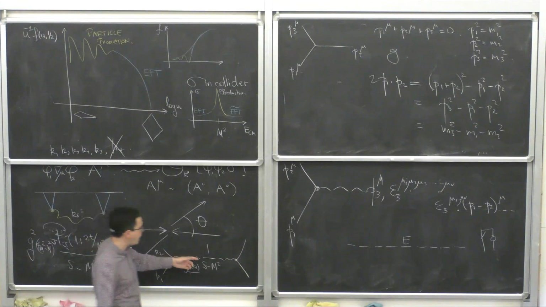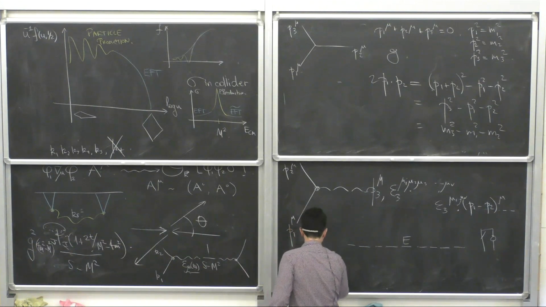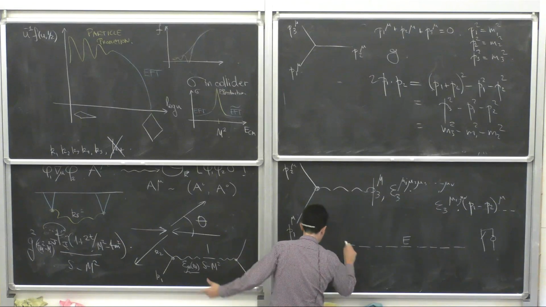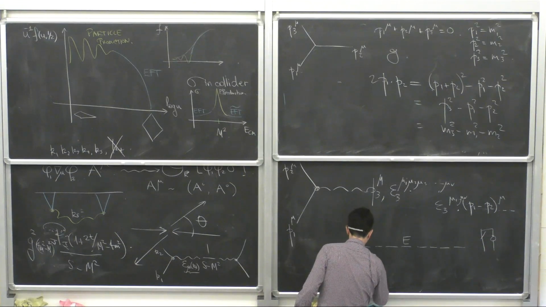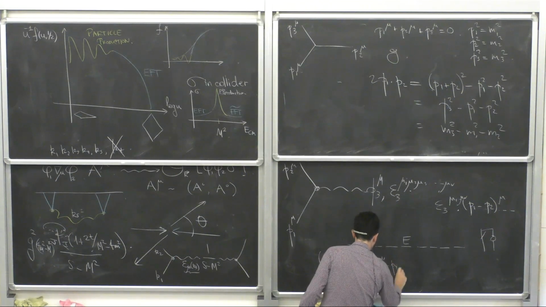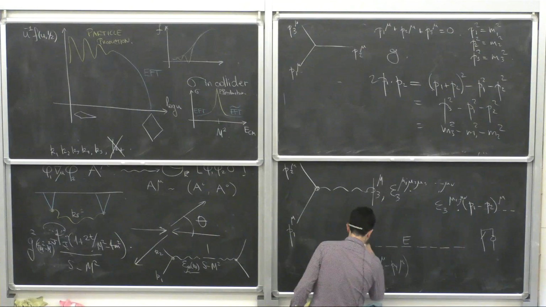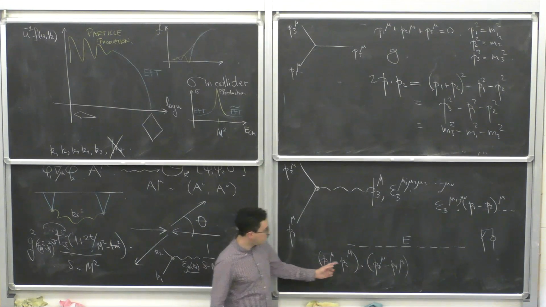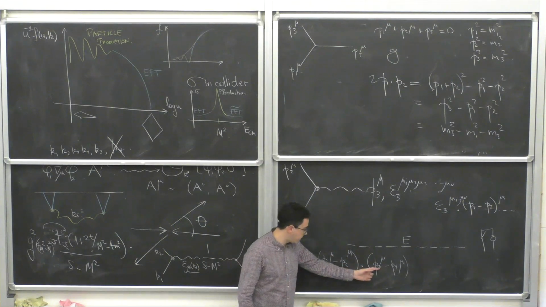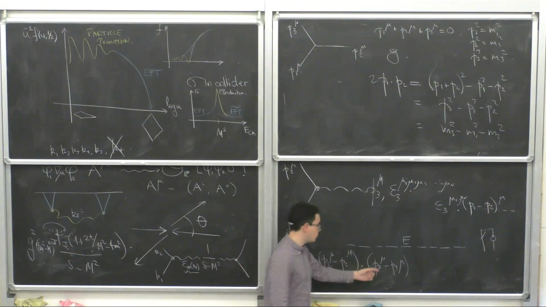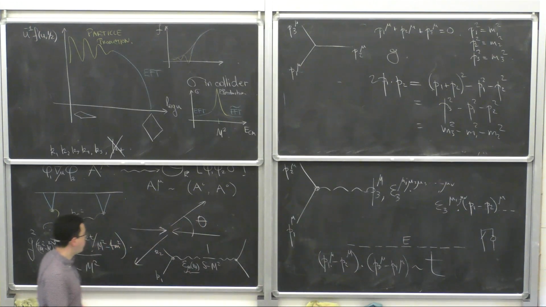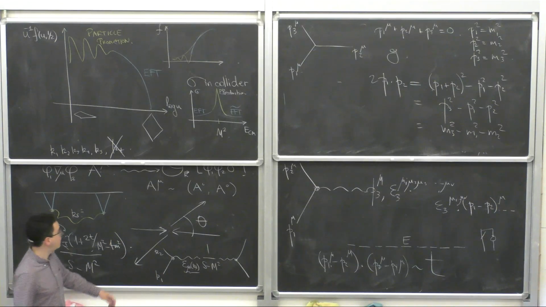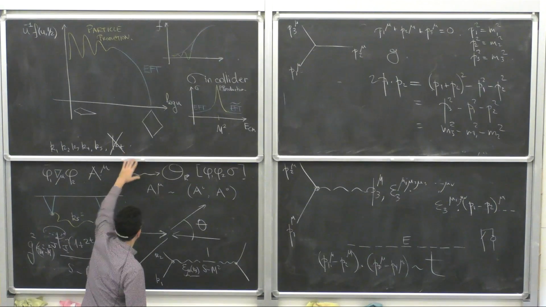Okay? And the new element is that you get P1 mu minus P2 mu dotted with P3 mu minus P4 mu. So this comes from the projector, and this goes like T. So, long story short, what is the avatar of spin exchange?